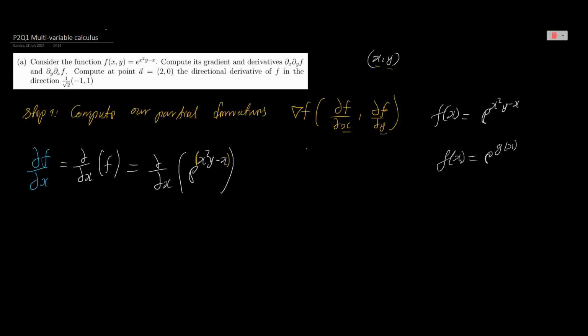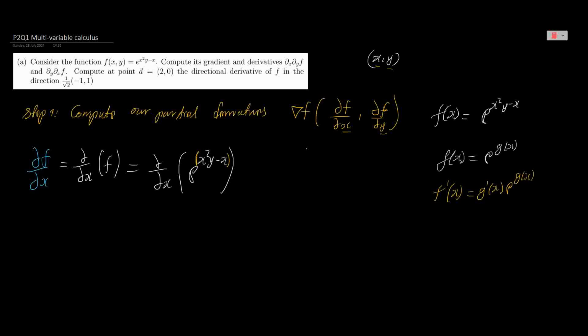So to get the partial derivative of this function with respect to x, we know there is a rule which states that the derivative of an exponential function, let's say f of x equals e raised to the power g of x, will simply be g prime of x times e raised to the power g of x, meaning that we look for the derivative of the power and then we multiply it with our exponential function. As easy as that. So you need to understand the rule. Know that that is how we compute the derivative of an exponential.